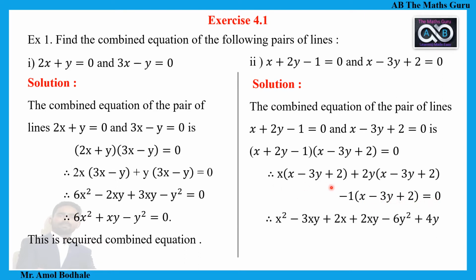By simplifying this, we get x square minus 3xy plus 2x plus 2xy minus 6y square plus 4y minus x plus 3y minus 2 equal to 0. If we simplify this, we get x square minus xy minus 6y square plus x plus 7y minus 2 equal to 0. This is the required combined equation.